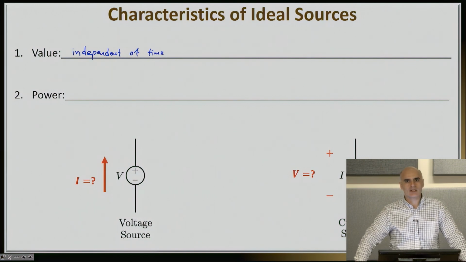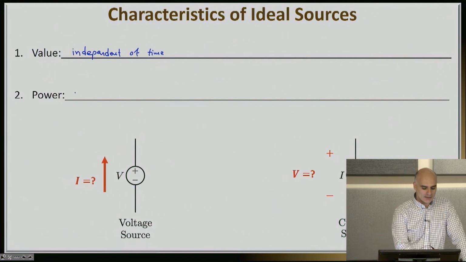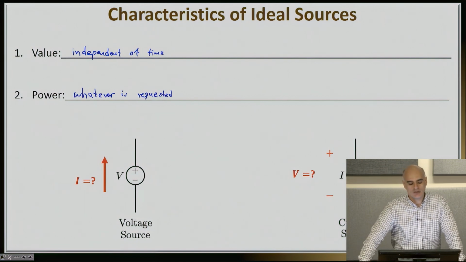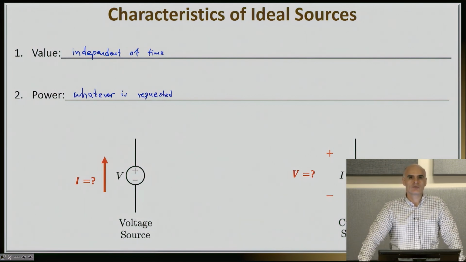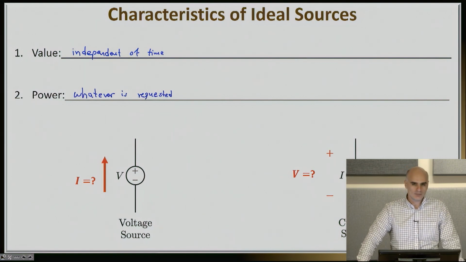The second characteristic of an ideal source is that it can provide any power you like. So the power, I'm going to write here, is whatever is requested. So if you had an ideal voltage source, you could connect this ideal voltage source to power a wearable watch, or to power a vehicle, or to power the entire state of Indiana.